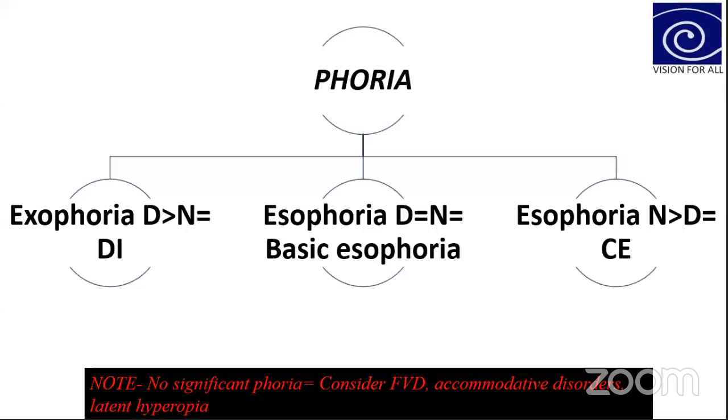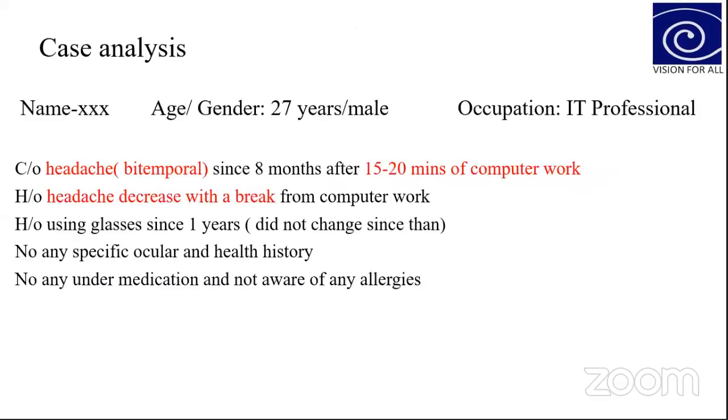If you see any latent hypophoria, then you can refer for a cycloplegic refraction. Here is one publication by Samir sir and Mosaf sir. If you read that article, you will have a much better understanding of how to diagnose latent hypophoria. Manish, for better understanding, move towards the cases.